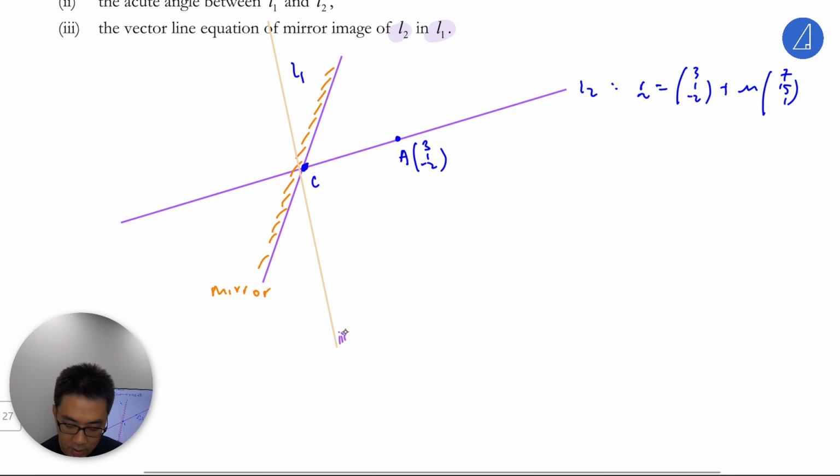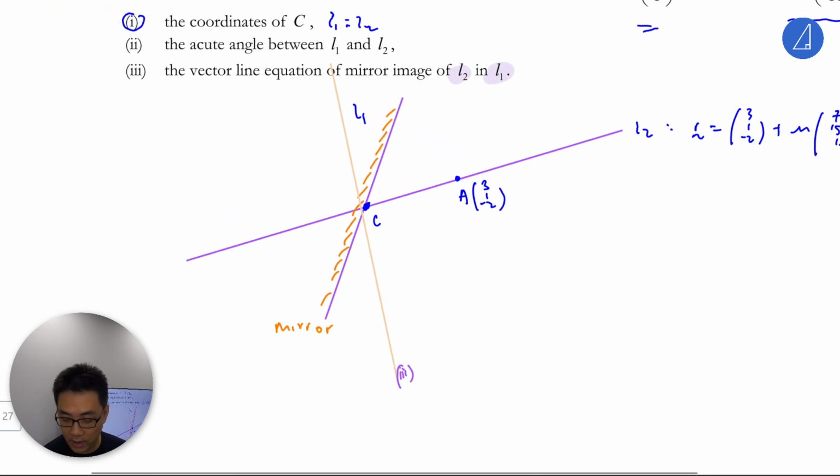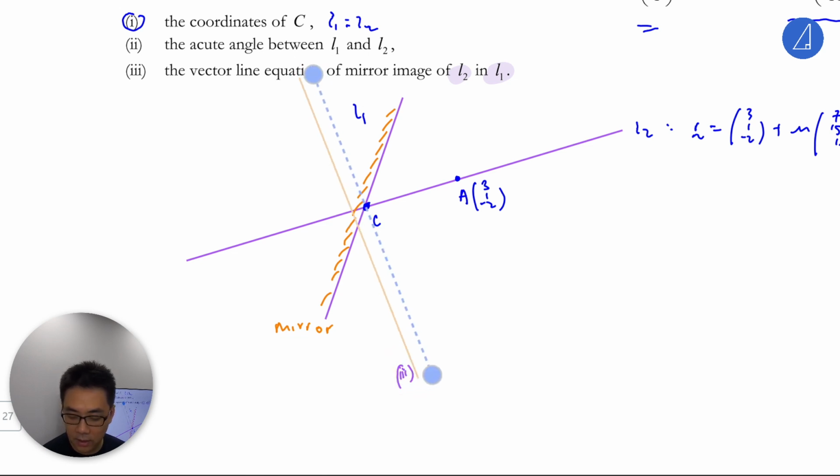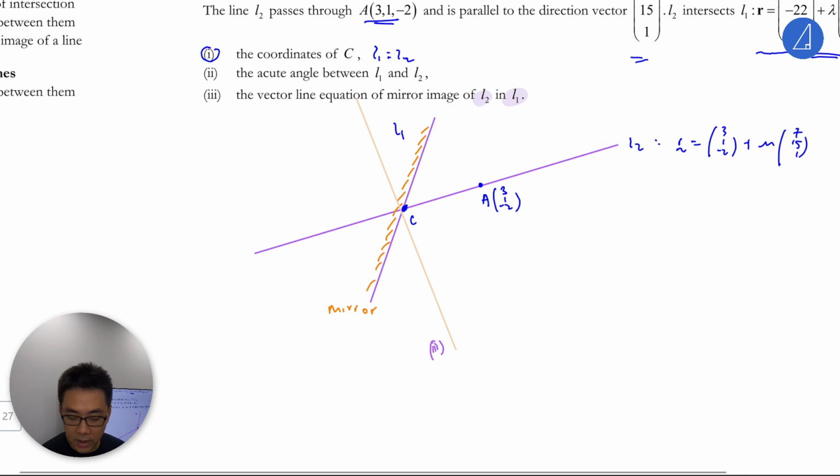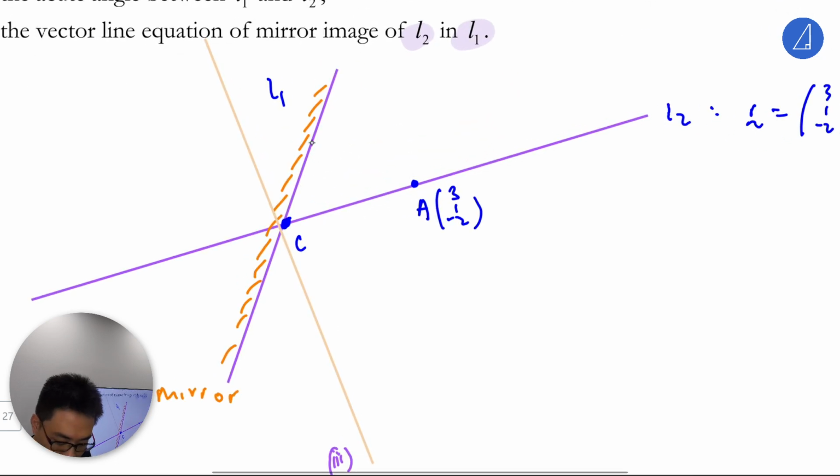This is usually something students struggle with, I think. So how do you find the line here? Now the goal is pretty simple. What you essentially need is the foot of perpendicular from A to L1.